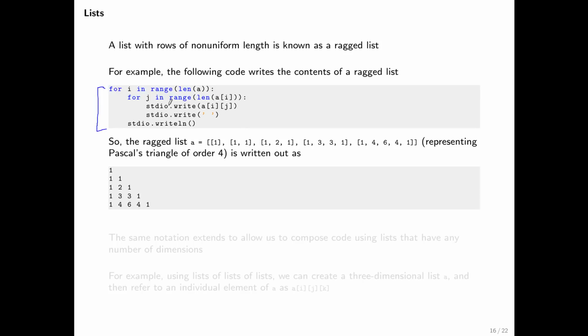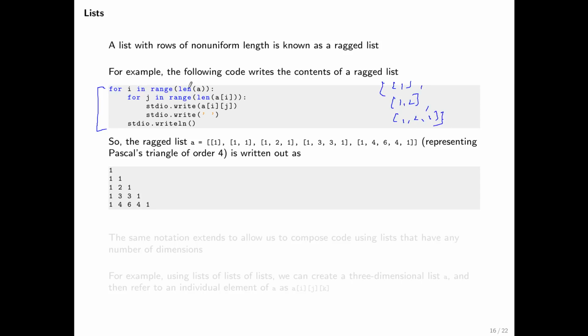Let's say we are given a ragged list that has a different number of columns in each row. So the first row might just have one element. The second row might have two elements. The third row might have three elements, and so on. So how do we print such a two-dimensional list? Well, this code will do it.